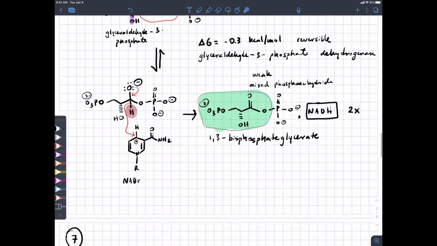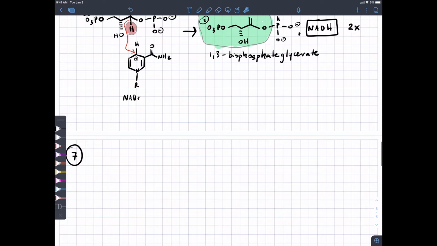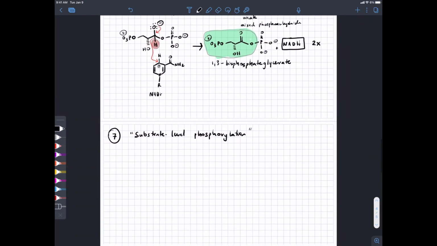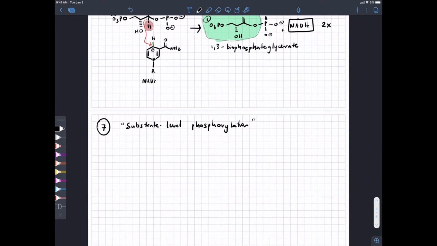Okay. So step 7 is sometimes called substrate level phosphorylation, to distinguish it between ATP synthesis that happens in the mitochondria. What we're going to see is that 1,3-bisphosphoglycerate is going to be attacked by ADP.